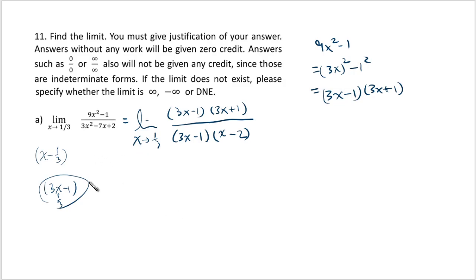I mean, even if you didn't know that it should have a factor of 3x minus 1, you should be able to just look at this and try to factor this by using methods you learned in pre-calculus or before. I mean, you learn how to factor these trinomials in Algebra 1, so you should know how to do it.